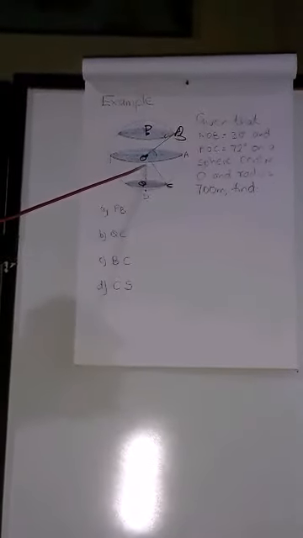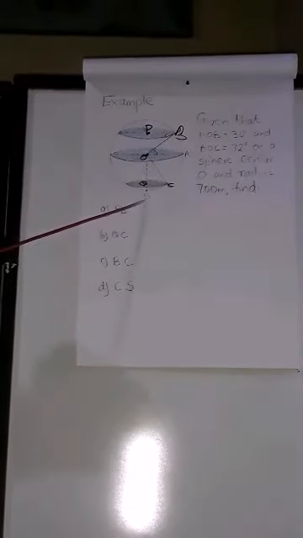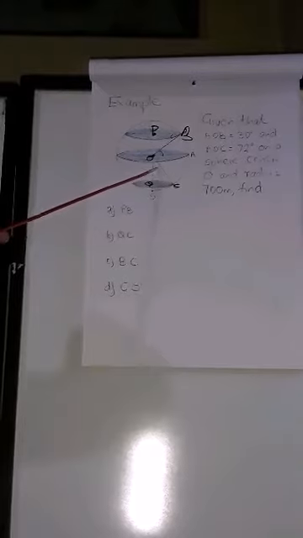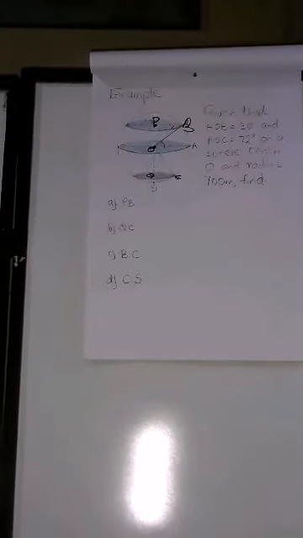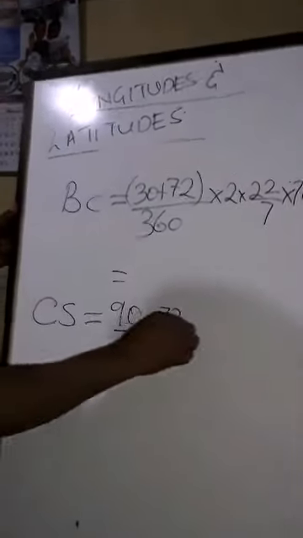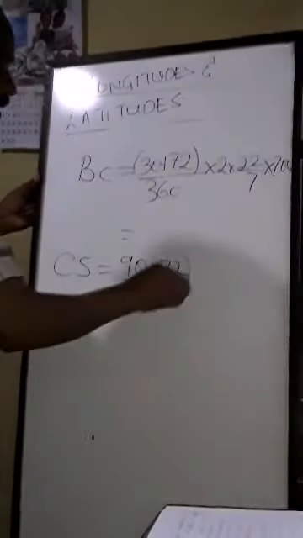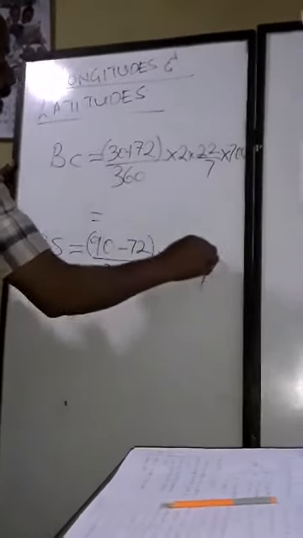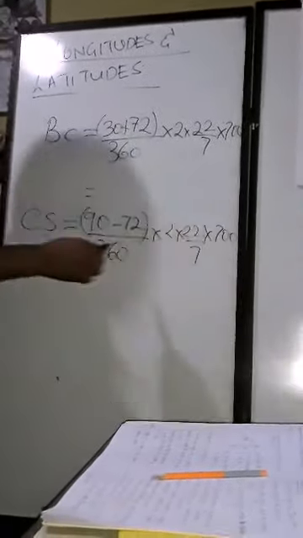Now remember that the whole of this angle AOS is 90. Now if this is 72, what is this angle here? So it will be 90 minus 72, over 360, times 2 times 22 over 7 times 700.